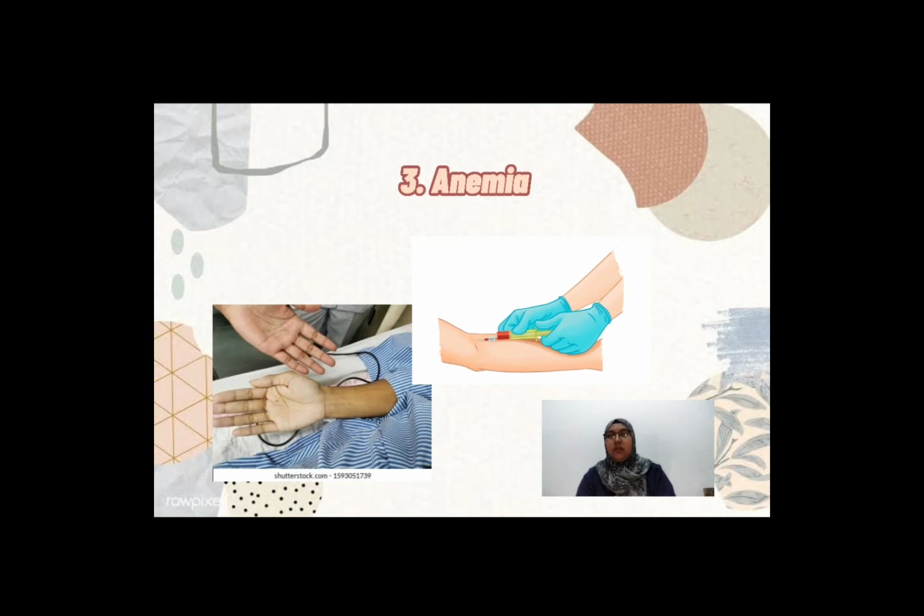The third common complication we have is postoperative anemia. Postoperative anemia is another common complication in the postoperative setting, occurring in up to 80% to 90% of individuals undergoing major surgery.